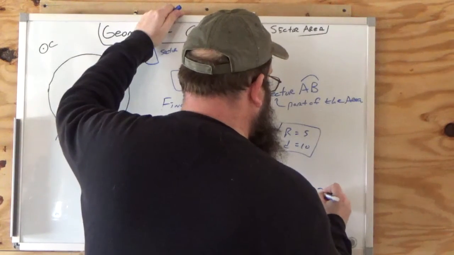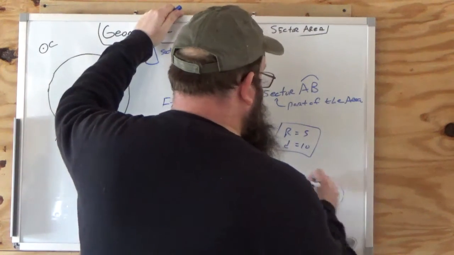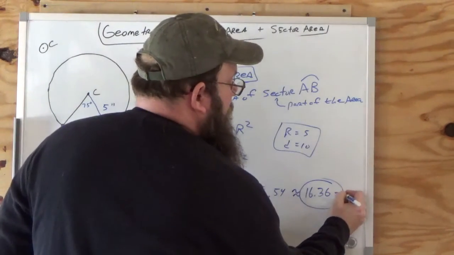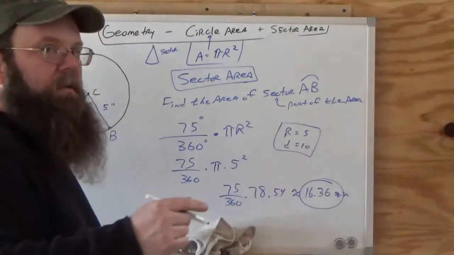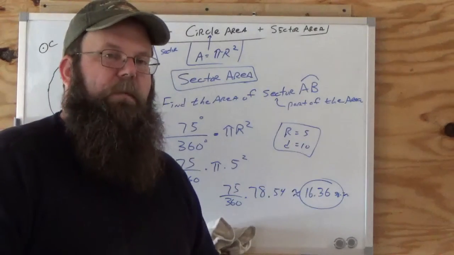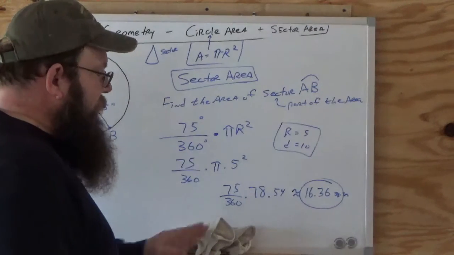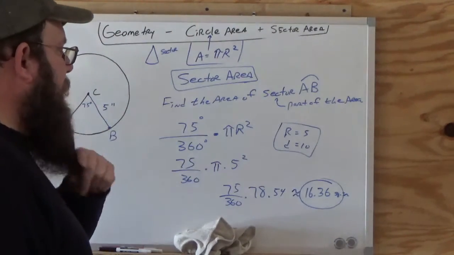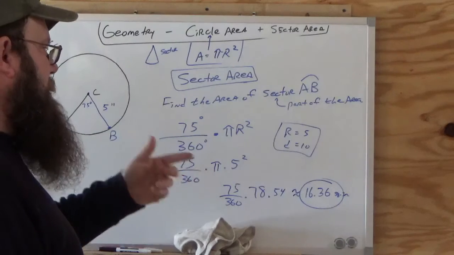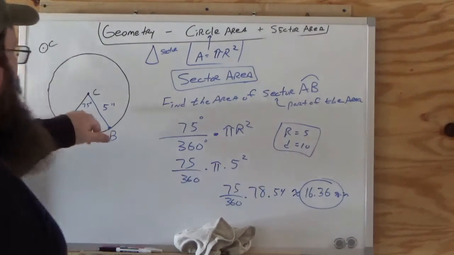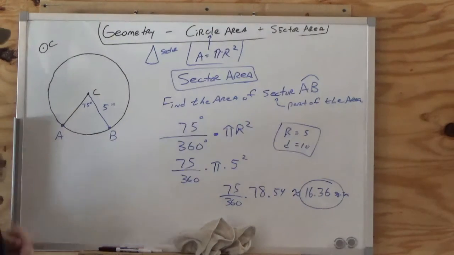And again, this is square inches, but as I mentioned previously, I'm not too concerned about units. I'm just concerned about the value for right now. Okay, so 16.36. So that was roughly a quarter. It's not quite a quarter because it's only 75 degrees. 90 degrees would be a quarter.